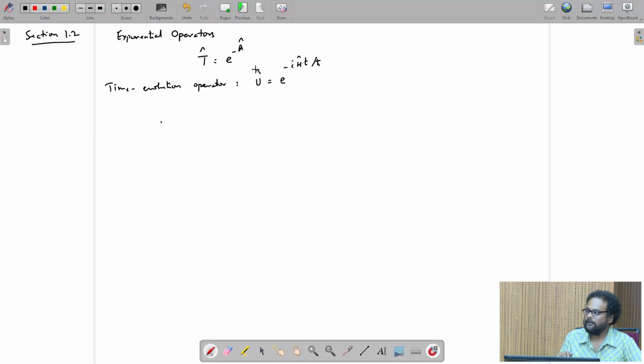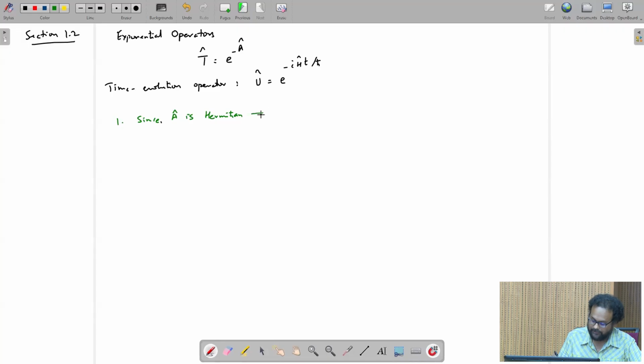Okay. Some properties of exponential operators, again, for the sake of completeness, I'm just stating them. The first property is that since A is Hermitian, and why is A Hermitian? To get real values for the physical observable, right?